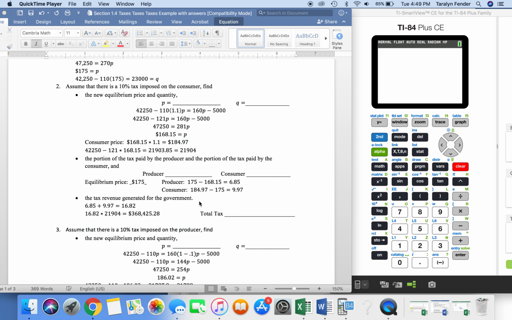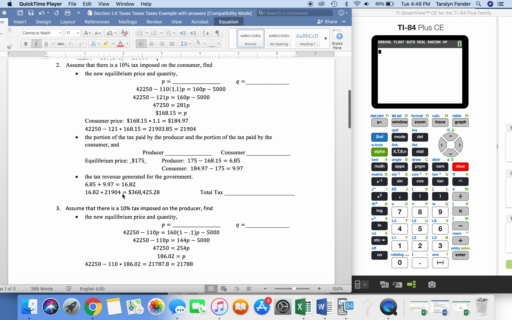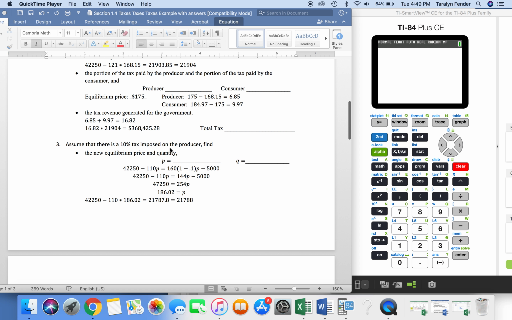We add those two together and we get $16.82 tax times the number of items, 21,904. That gives us a total of $368,425.28 as total tax.